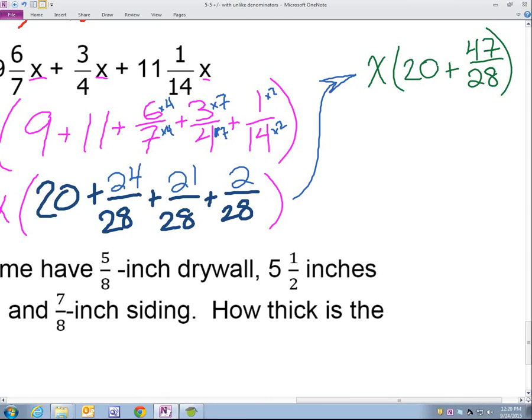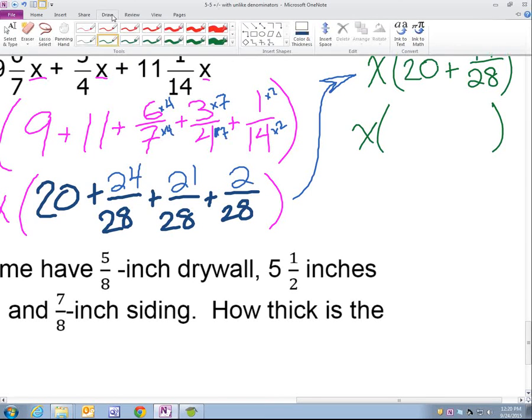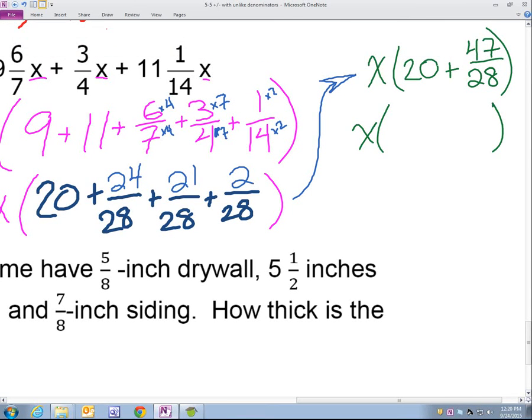Pushing for time. That is going to come out to be 21 and 19 28ths x.